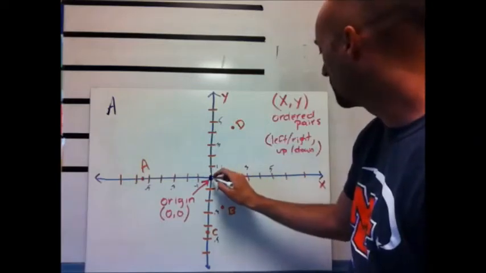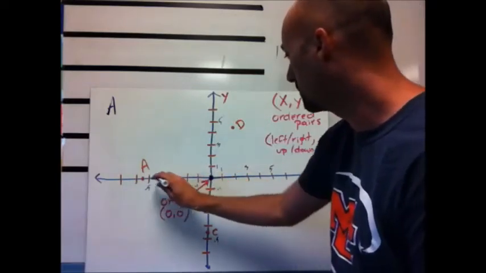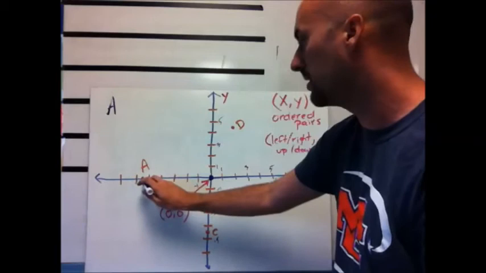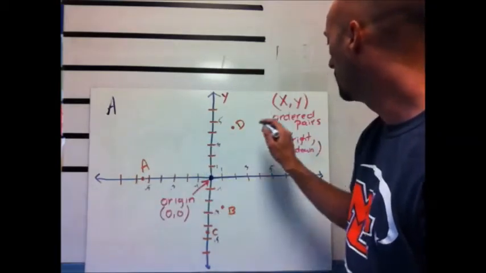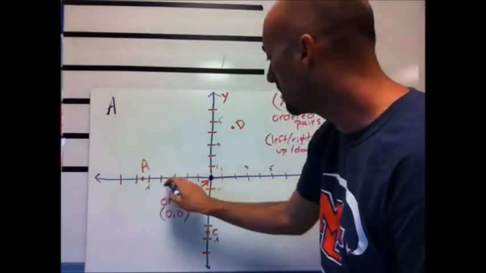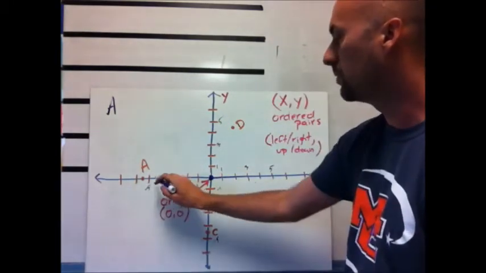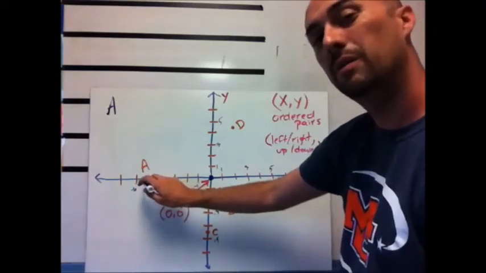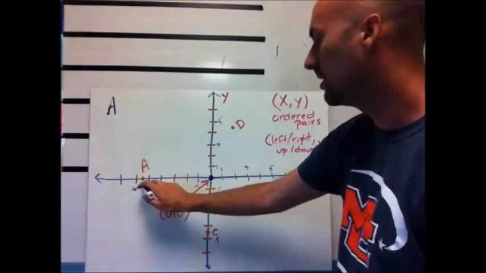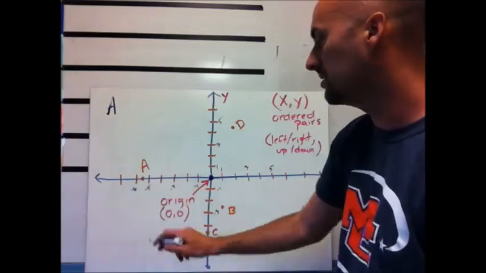So now we started at the origin. We're going to go left till we hit point A. Well, actually, we just run right up on point A, right? So for our x value, we look and say, at what point on this number line is A? Well, this is -5, and this is -6. And it really looks like this is somewhere halfway between -5 and -6.